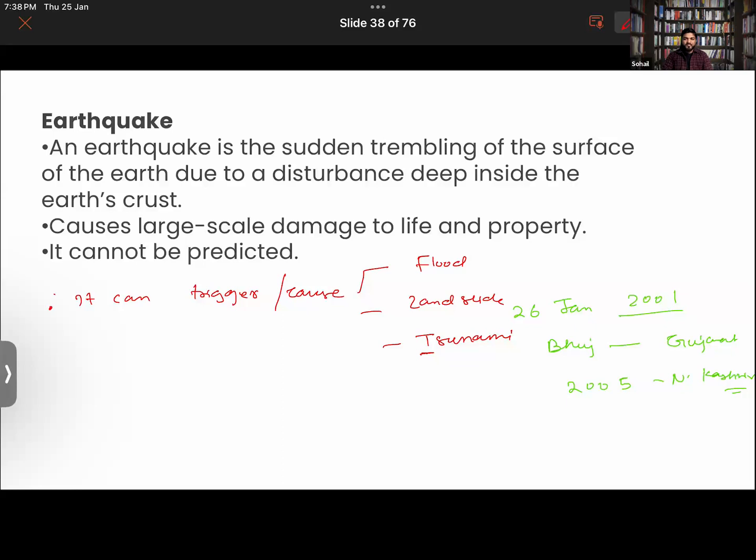Sir, it breaks the nitrogen atoms to nitrate and ammonia so that the plants can absorb it. Okay. So first, the nitrogen reacts with oxygen to form oxides of nitrogen.